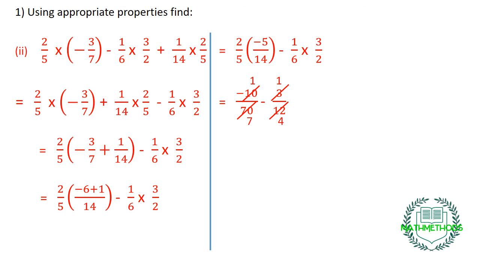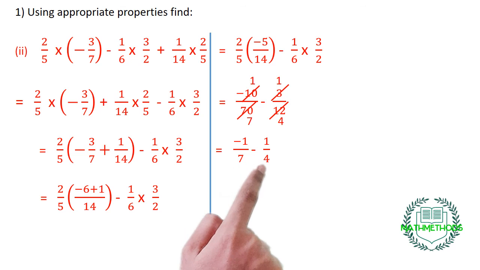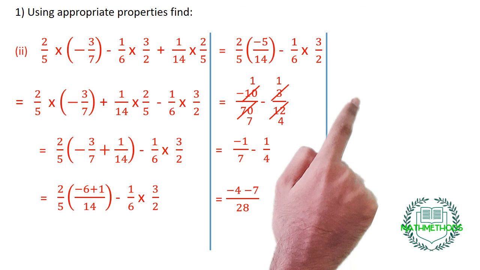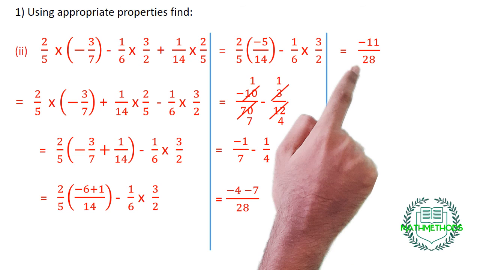And we'll get minus 1 upon 7 minus 1 upon 4. LCM of 7 and 4 is 28. So we'll have here minus 4 minus 7 upon 28, which is equal to minus 11 upon 28. So minus 11 upon 28 is the answer.